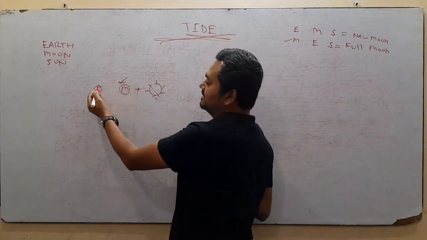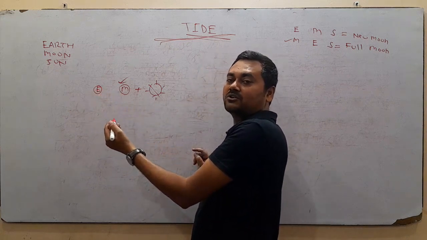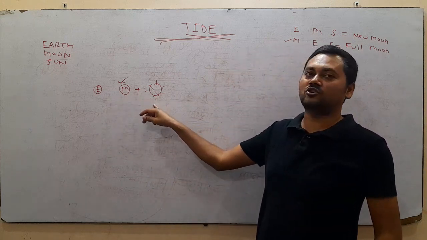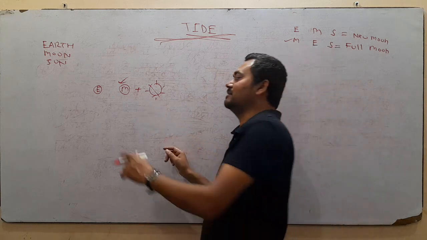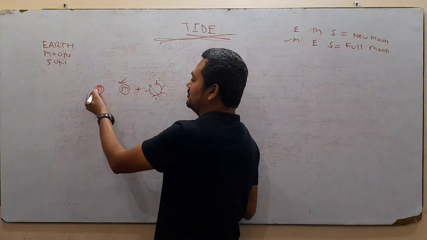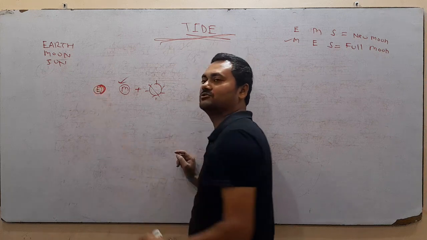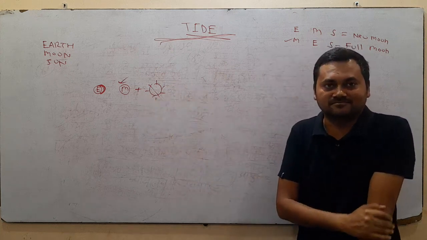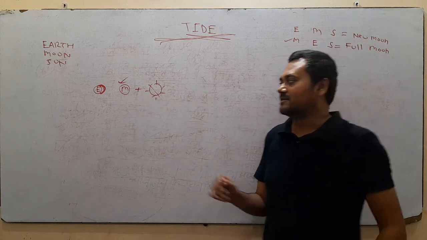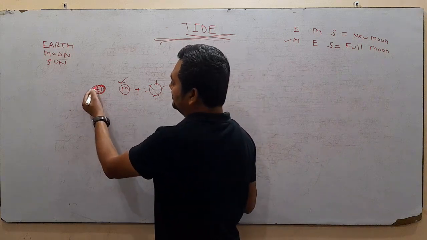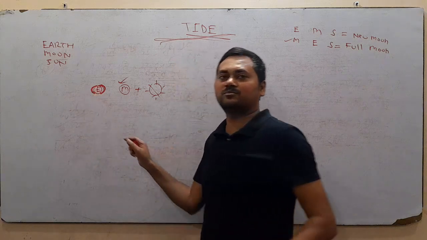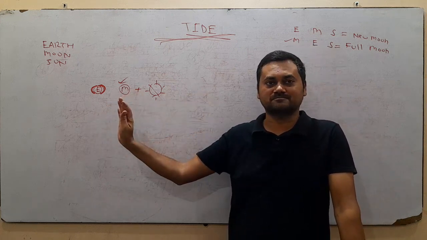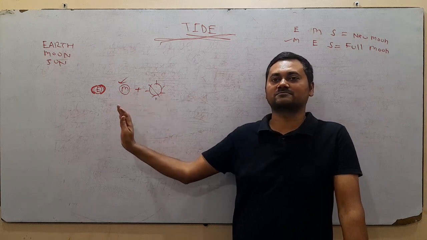What will happen is that the ocean water, because of the gravitational force of the moon and the sun, will create a bulge. And this bulge is called tide. On the opposite side also a bulge will be created, but this bulge is getting created because of the centrifugal force.